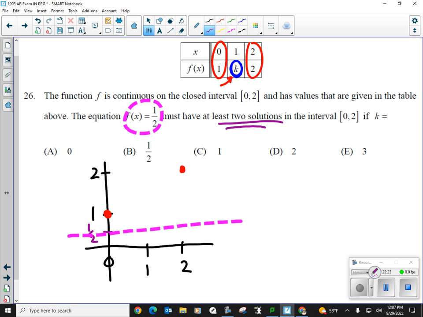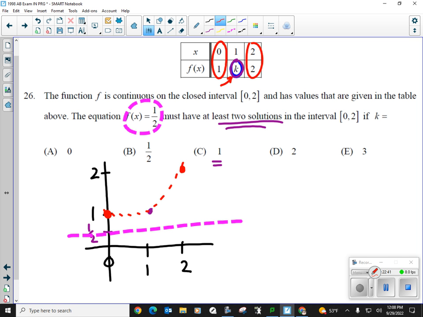Meaning, if I put a point at 1, if k was 1, let's put a point 1, 1. This graph wouldn't touch it at all. It would have 0 solutions, possibly.